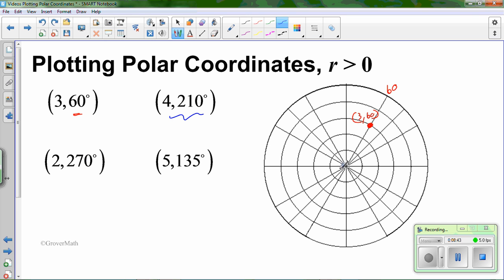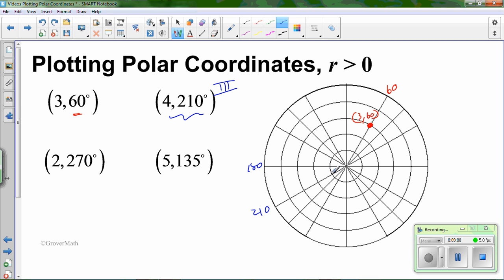4, 210. So now, after you do this a couple of times, you're going to start to memorize what all of these angles are. You don't need to label it every time, but it's helpful to narrow it down to the quadrant at least. 210 is in quadrant 3. It's between 180 and 270. And it is 30 degrees past the 180 line. And so that's how I can remember that this line right here is the 210 line.